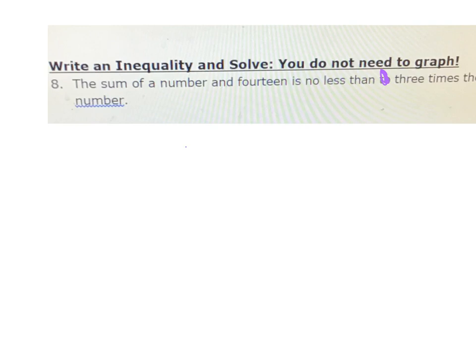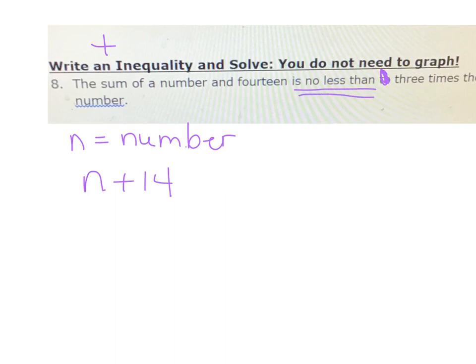A number, we don't know the number, so let's say n is our number. If we have the sum of a number and 14, well, we should all know that the word sum means add. So the sum of the number and 14, that's n plus 14. Now, look at this statement here, is no less than. All right, let's think about that.